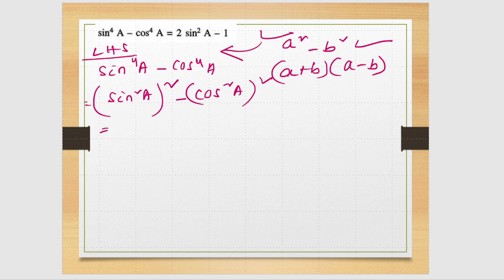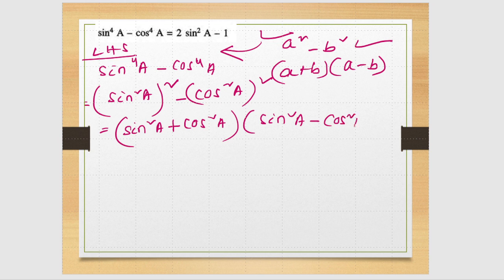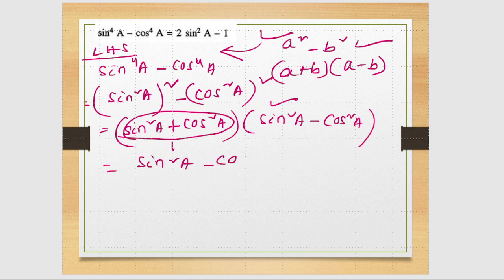Now make them A plus B, that is sin square A plus cos square A, into sin square A minus cos square A. Okay, so now sin square A plus cos square A became 1. So what remains is only sin square A minus cos square A. Now check, students, we don't want this cos square A at all.